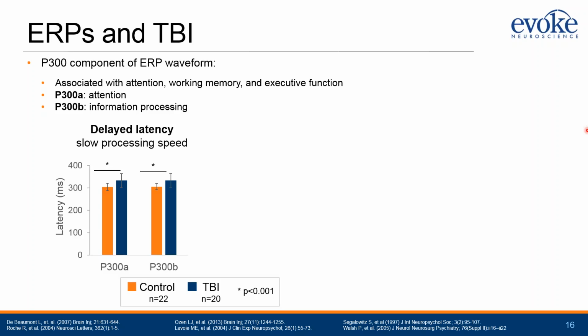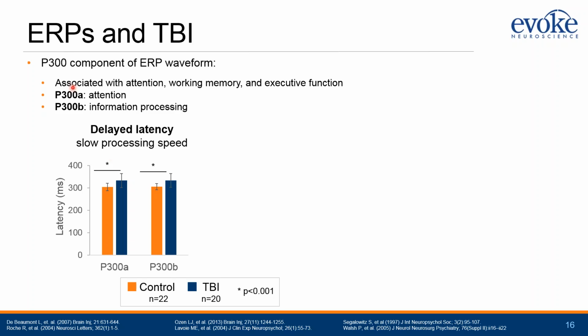And indeed, when we consider our speed of processing information, we can look at differences between a control group and a traumatic brain injury group in blue. And we see that our traumatic brain injury group has delayed latency, meaning they have slow brain processing speed.